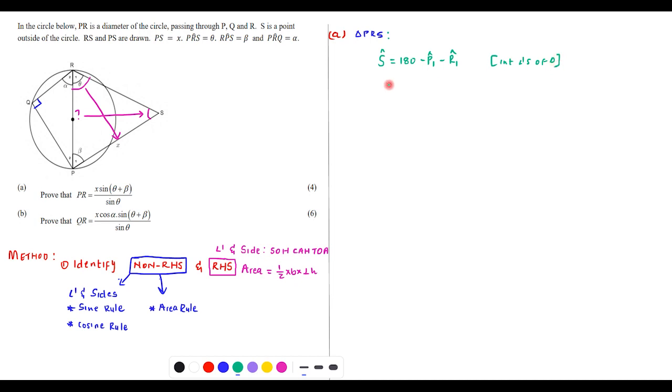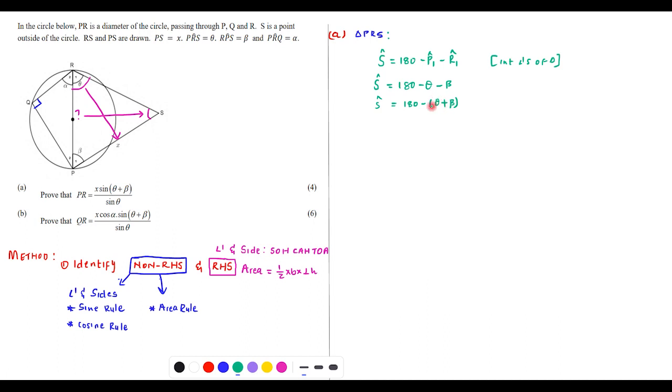So this then means I have my angle S as 180 minus theta minus beta. If I want to simplify that, I can say it is 180 minus (theta plus beta). I took out the common factor there to make it look like a reduction angle.